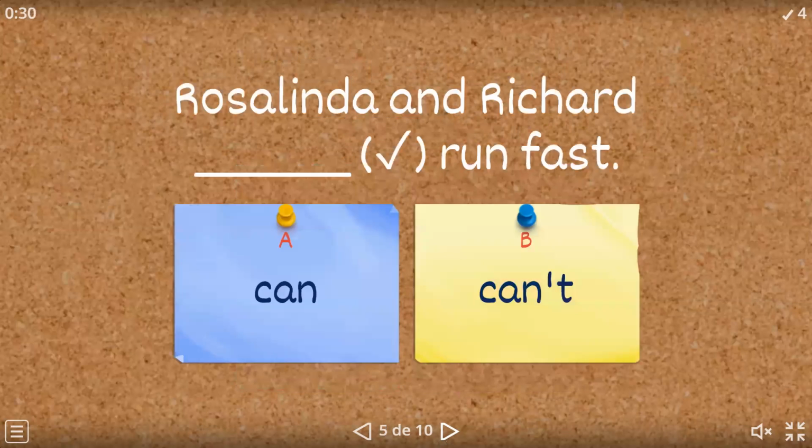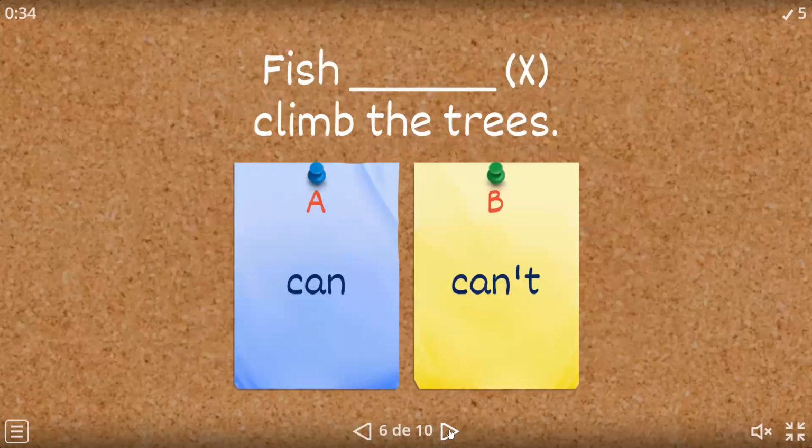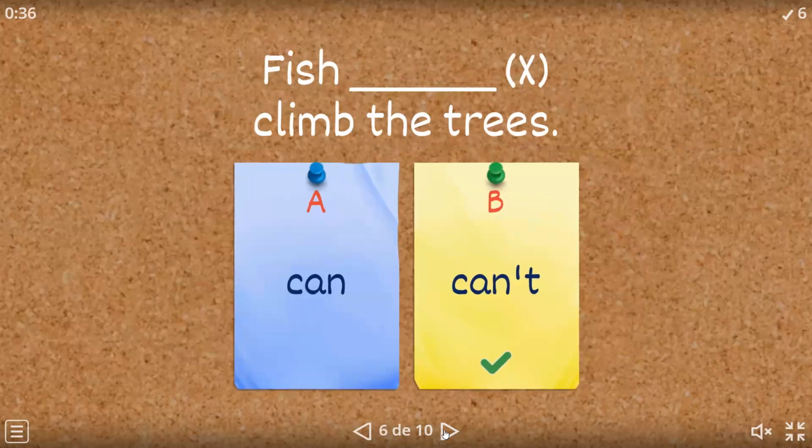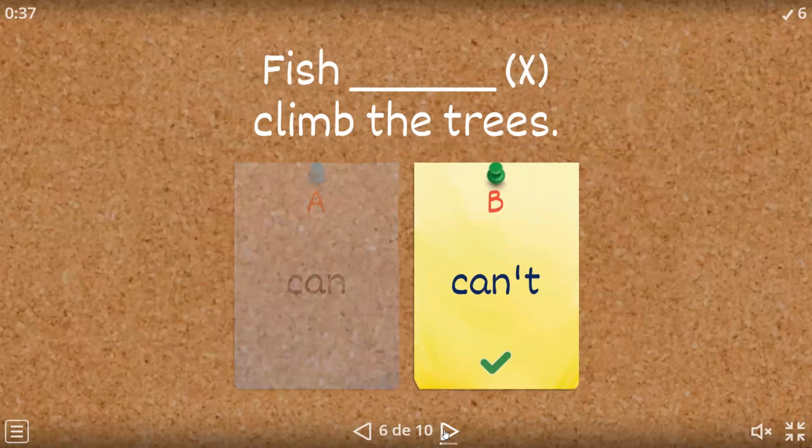Now, Rosalinda and Richard can run fast. Fish can't. Exactly. Fish can't climb the trees.